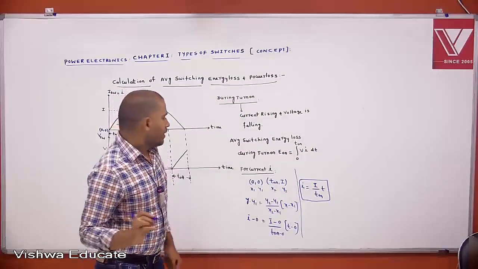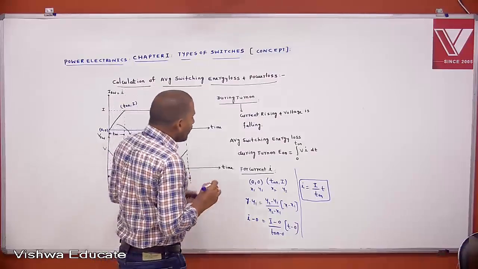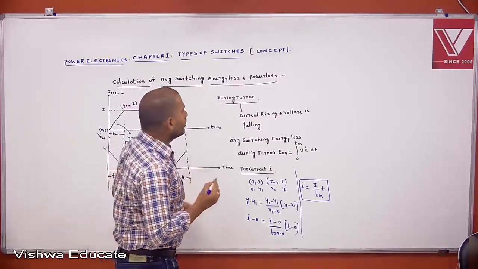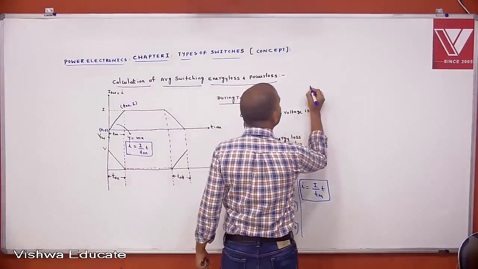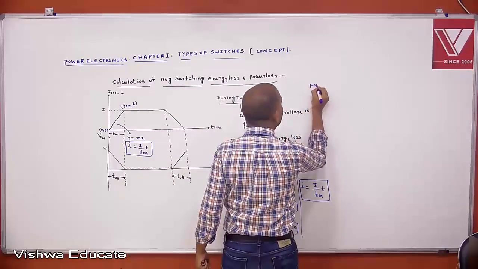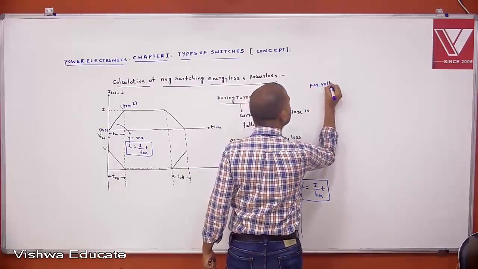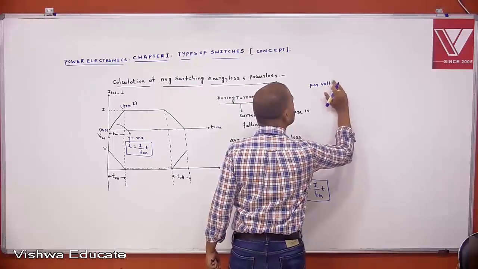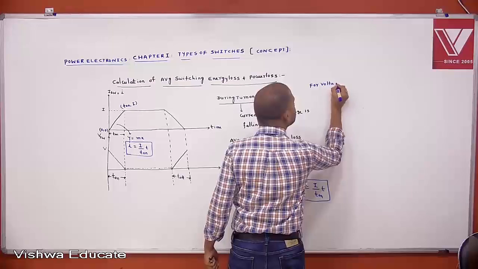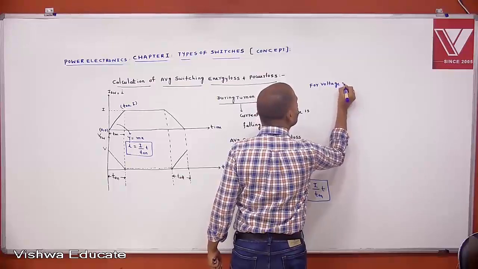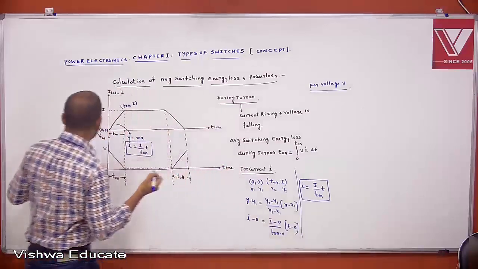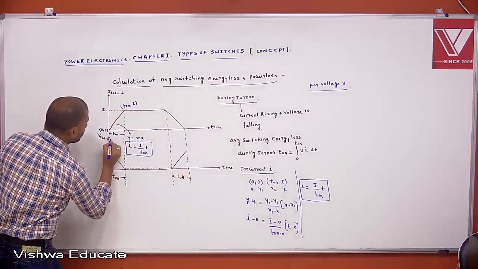Understood? Similarly, I want to write the equation for voltage. For voltage V. Let this V_SW equal V, small v.